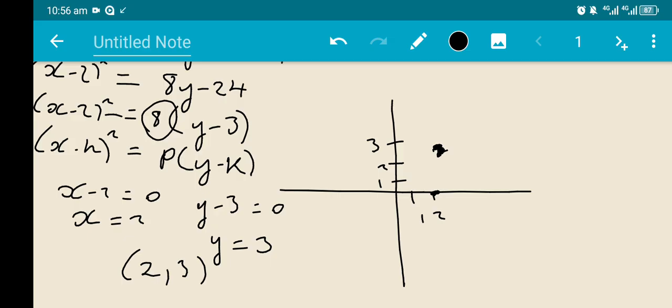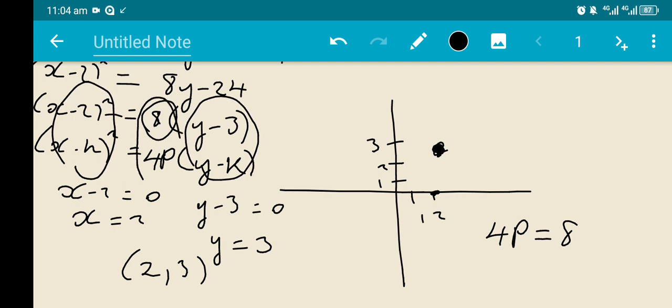Oh, and another important thing which I've forgotten: there's supposed to be a 4 here according to the standard equation. So to solve for p, we say 4p should be equal to 8. Why are we saying this? It's because this is equal to this, and this is equal to this.